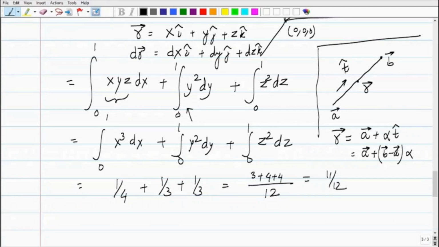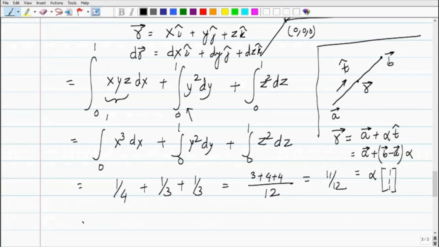So alpha is the parameterization of the curve. By changing alpha from 0 to 1, we actually trace the straight line. For our case, a is equal to 0, 0, 0 and b is equal to 1, 1, 1, right? So that means r is simply 1, 1, 1 into alpha. That's your parameterization of the curve.